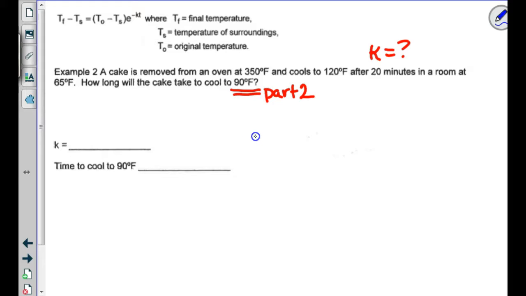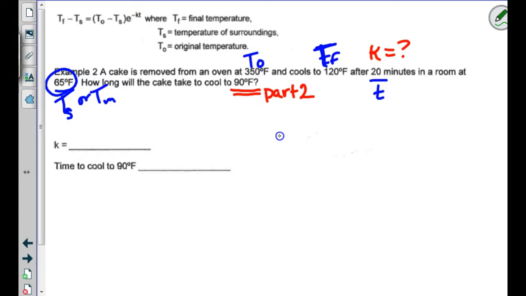What's the final temperature for the first part of the question? Okay, so this is T sub F. This is T sub 0. I should make that a capital T. And 20 minutes is going to be our little t, and 65 is the room. So that's either the surroundings or the medium, whichever your formula says.